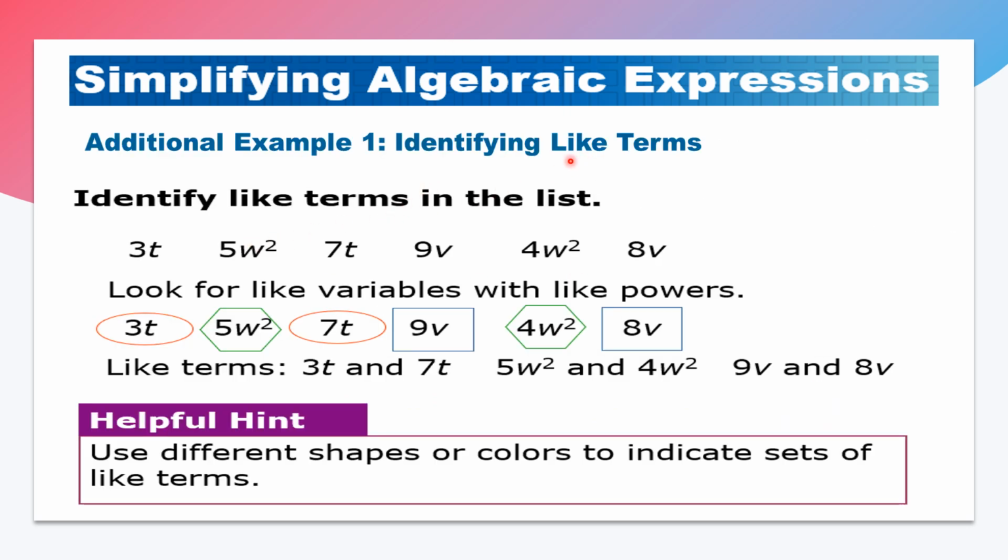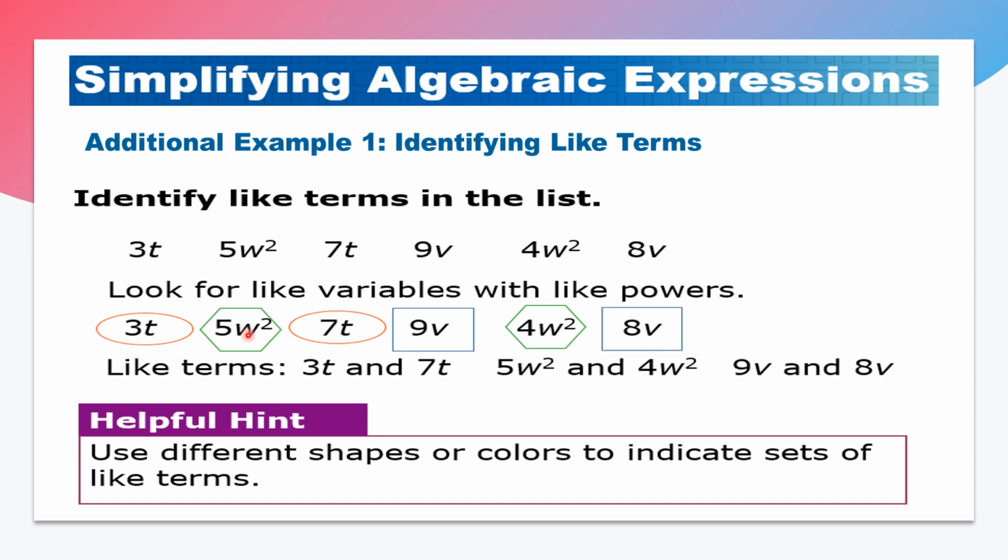All right, identifying like terms. So identify like terms in the list. So we have here 3t, 5w squared, 7t, 9b, 4w squared, and 8b. So look for like variables with like powers. Okay, so as you can see, like terms are in circle, like 3t and 7t.